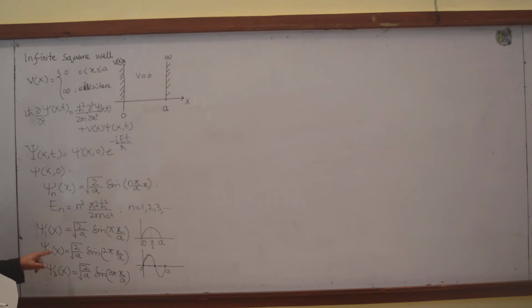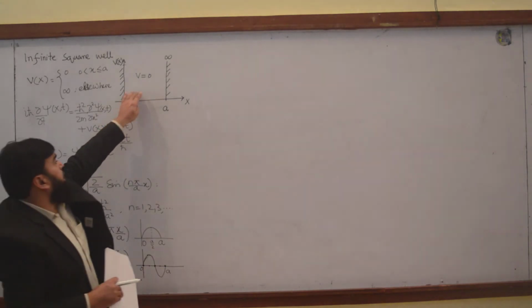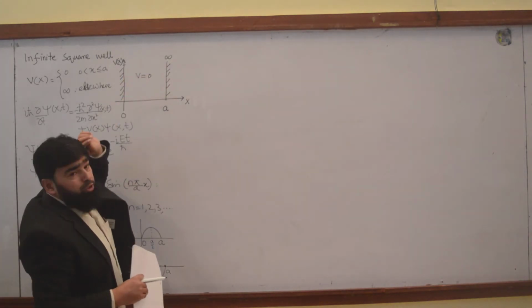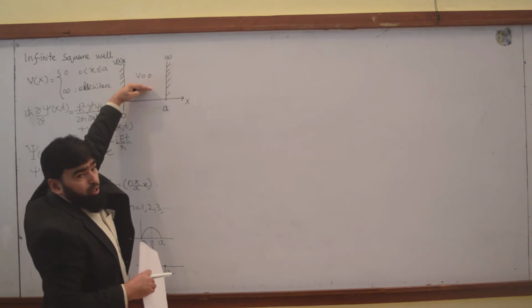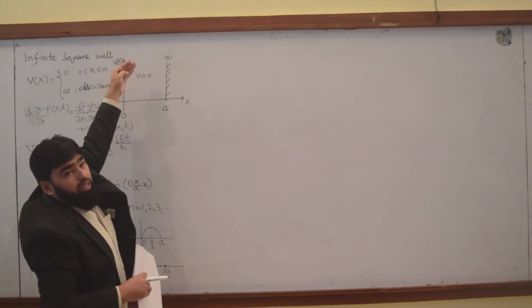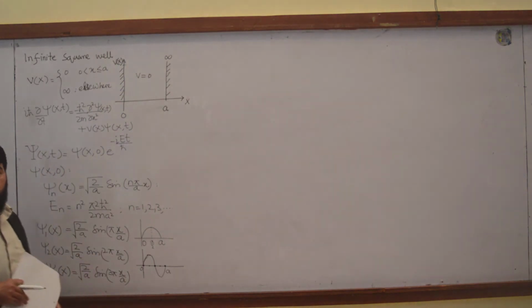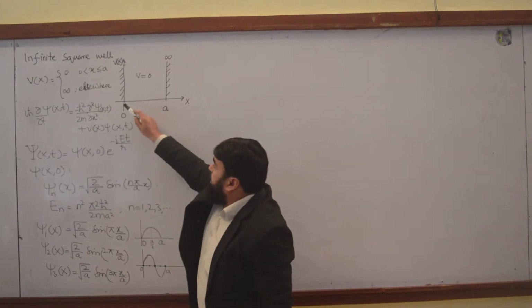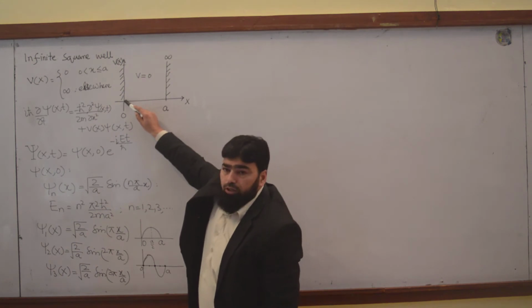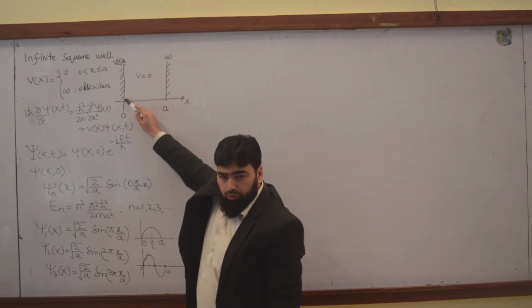A particle cannot exist at any point according to its wish. No. It will either exist at one level or the other level. In between, its probability will go to 0. There are a few things here. The probability of this particle on the walls is equal to 0.